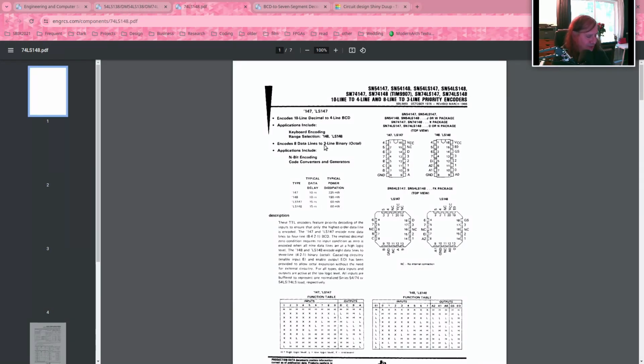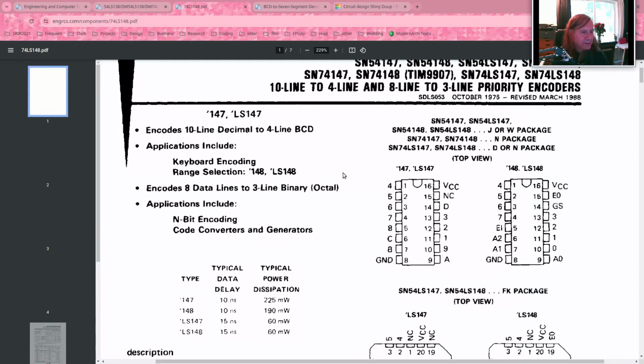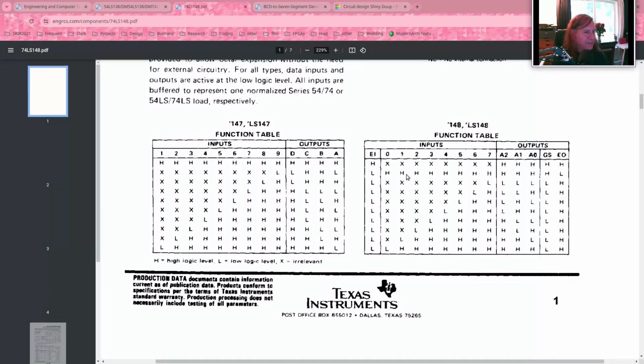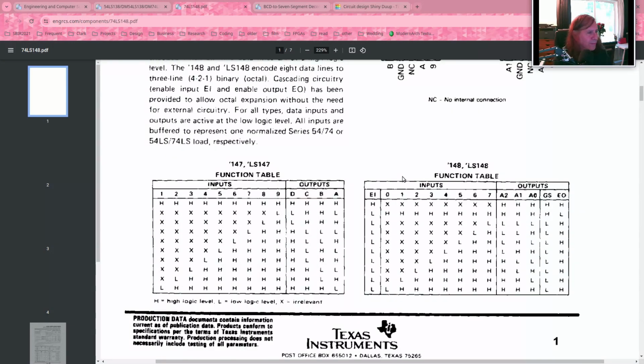All right, so another chip I want to look at is an encoder, and it's called a priority encoder. So 74147, and this does something interesting. If we look at the inputs, there's 9 inputs going in, and there's 4 outputs, and these outputs correspond to a number.